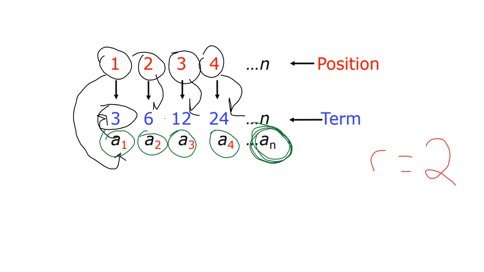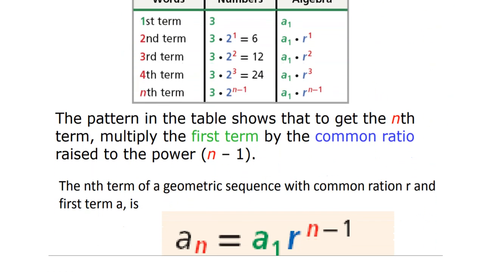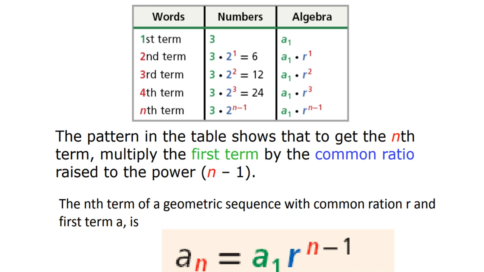And the only way that we can solve it is by having some sort of equation. And this equation looks very similar, at least it has a lot of the same parts as our arithmetic equation. So if you could see up here, there's really 3 different good columns up here. Words, which is the first term, the second term, the third term, the fourth term, and the nth term. And numbers, which is the same one we were just going over.